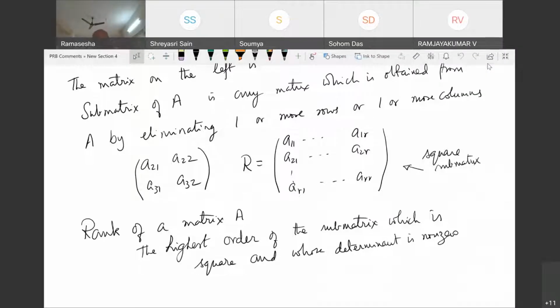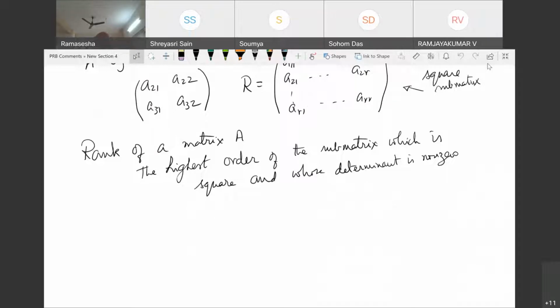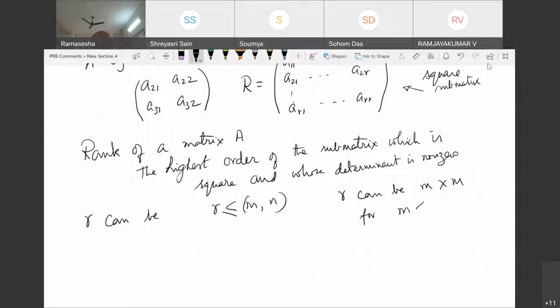R can be the following: R is less than or equal to m or n. For example, R can be m by n for m smaller than or equal to n, or it can be n by n.